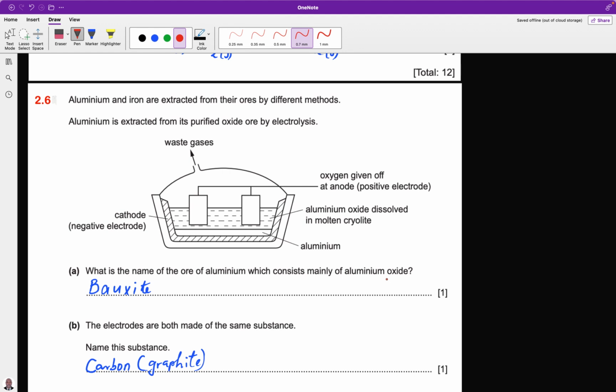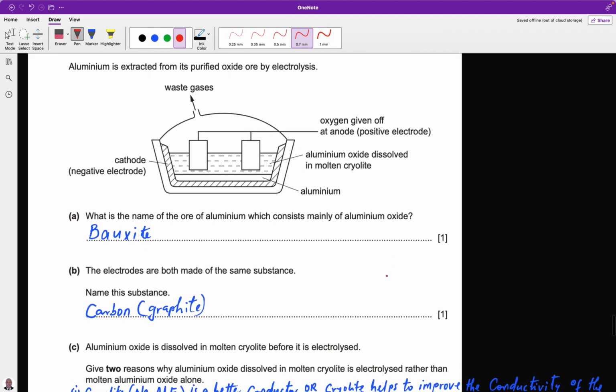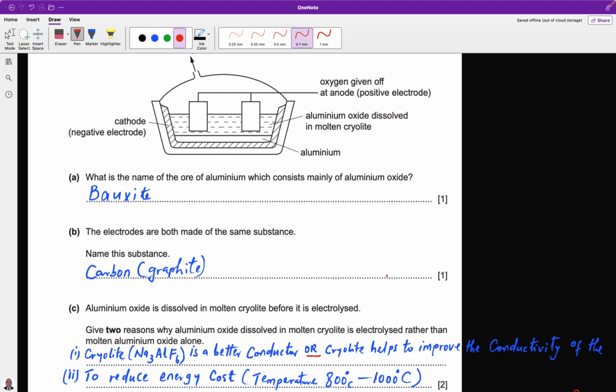The molten oxide dissolves in molten cryolite. Aluminium is now deposited there. The question reads, what is the name of the ore of aluminium which consists mainly of aluminium oxide? That is bauxite.